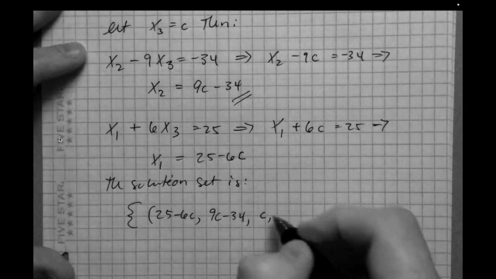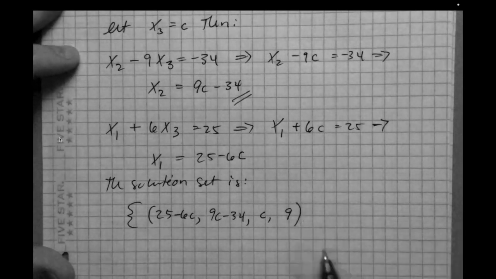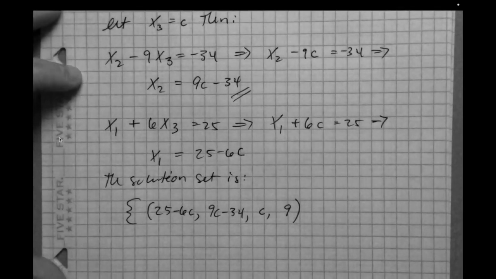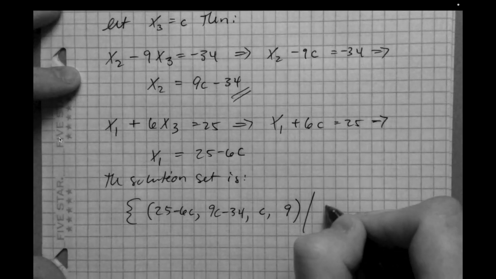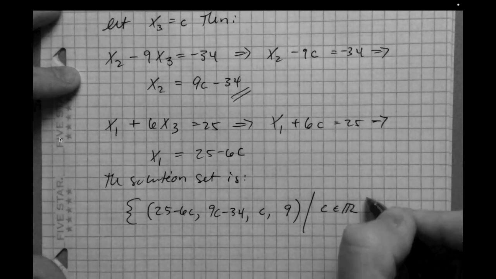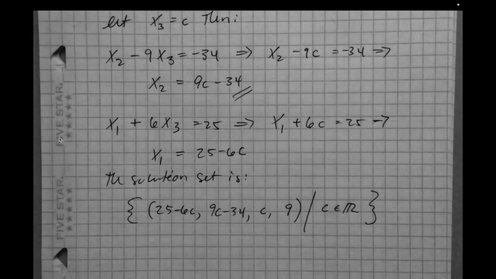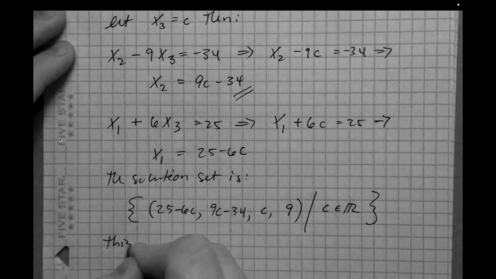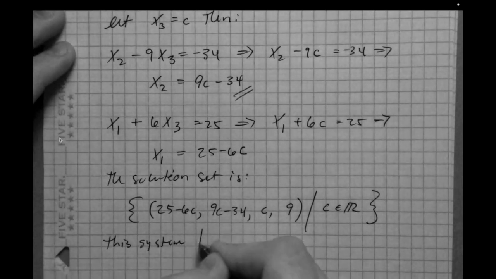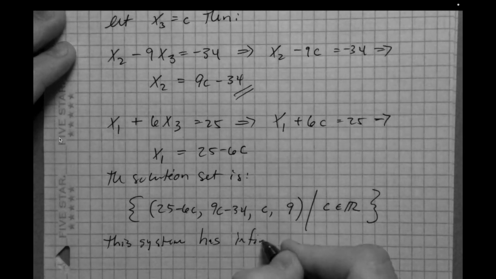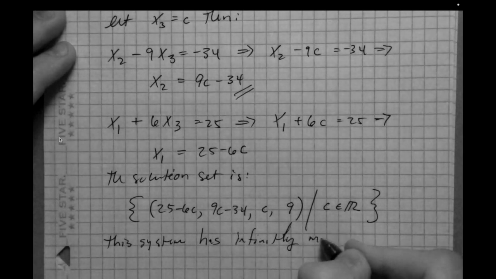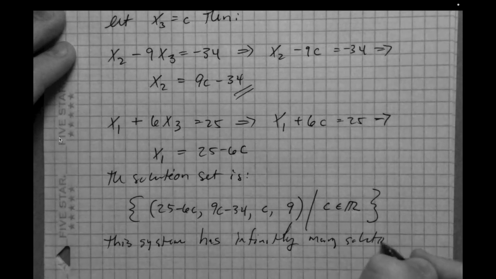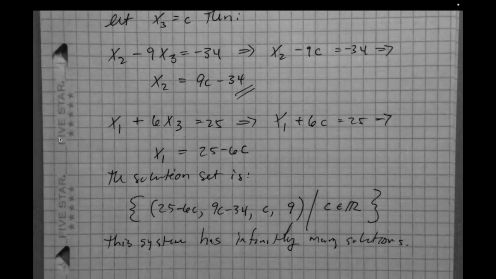And x4 is constant at 9. That was kind of the output of the system. And this is all such that c is a real number. So this is going to be an example of a system that has infinitely many solutions. Okay, so this system has infinitely many solutions.